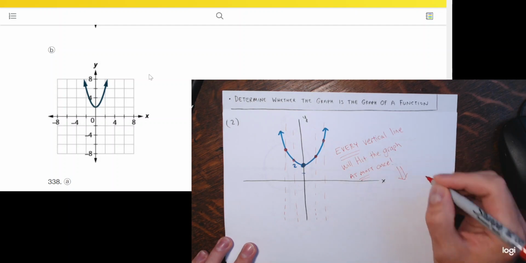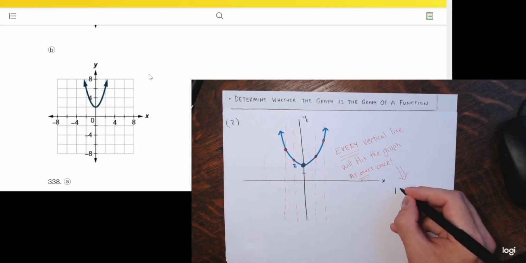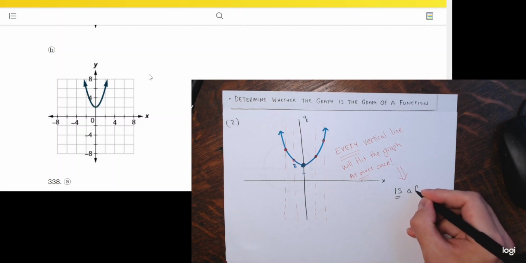That means that this graph, this set of ordered pairs here, this is the graph of a function. So this is a function.